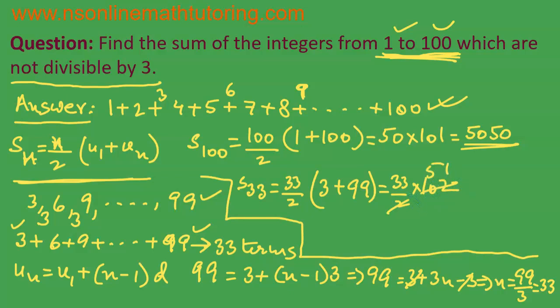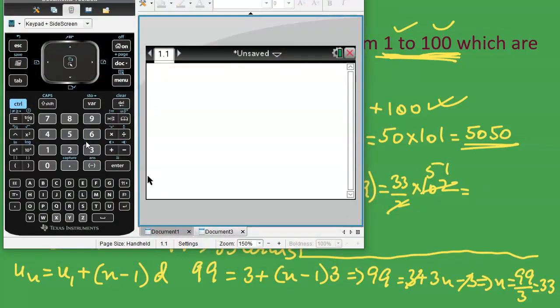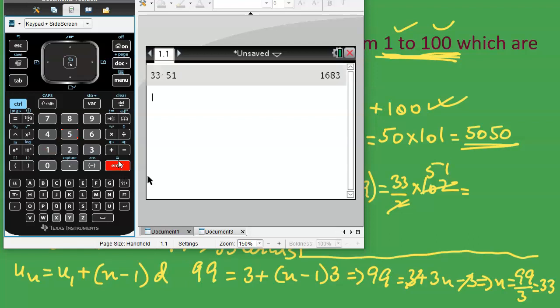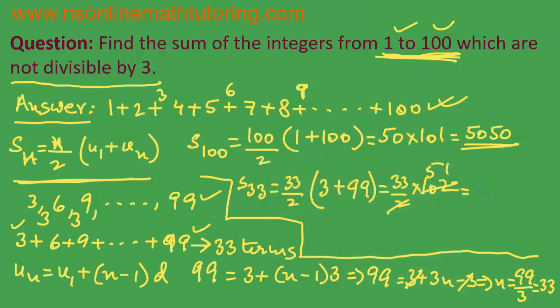So 33 times 51 is 1683. This is the sum total of all the numbers lying between 1 and 100 which are divisible by 3.